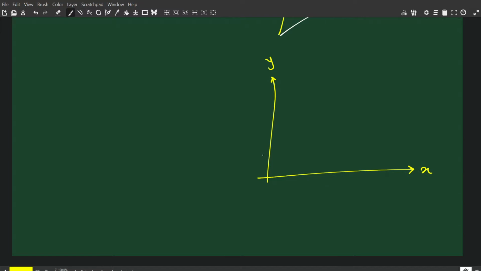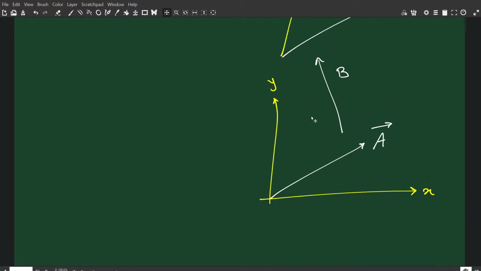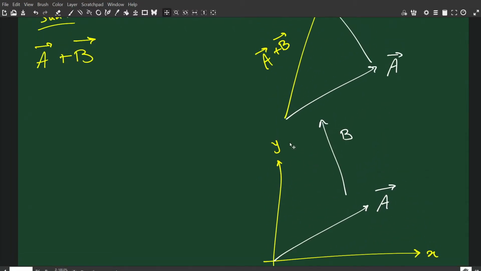So in these coordinates, we can draw vectors like this. It's the a vector and it's the b vector. As I said, the two identities that determine a vector are only magnitude and direction. So the place of a vector in our coordinates doesn't matter.